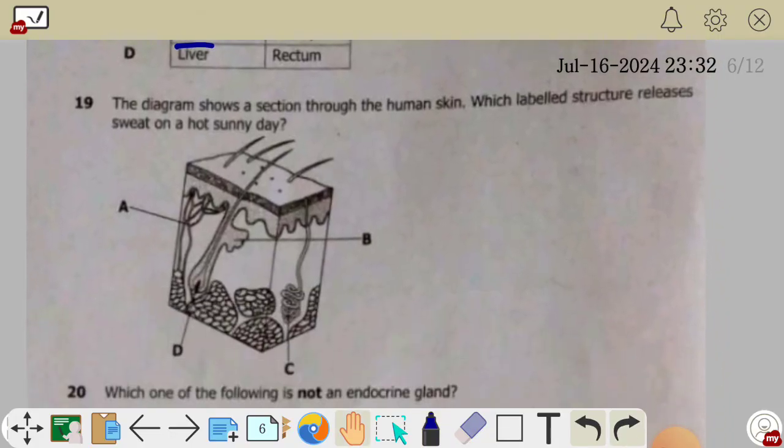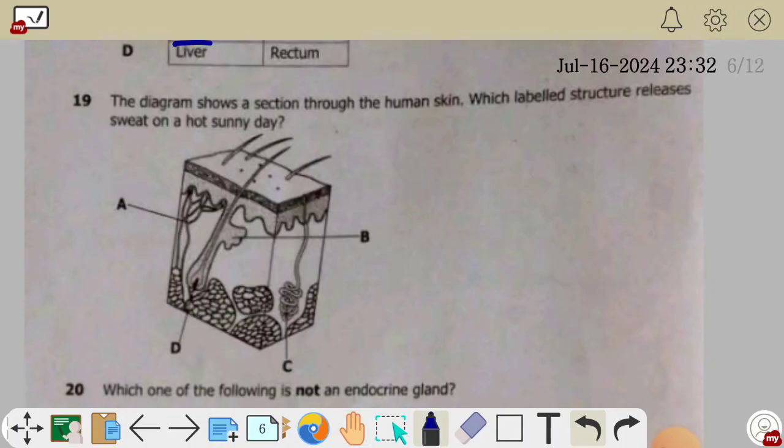Question 19. The diagram shows a section through the human skin. Which labeled structure releases sweat on a hot sunny day? What releases sweat is the sweat gland. This is a hair follicle.